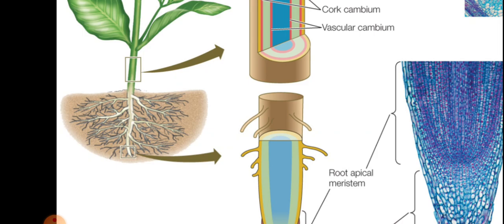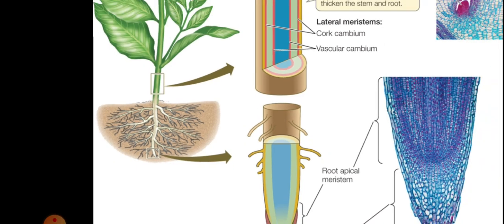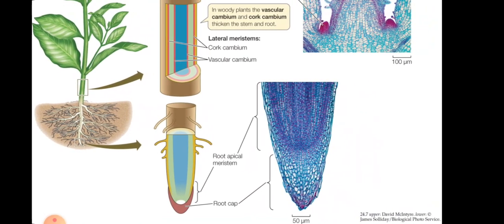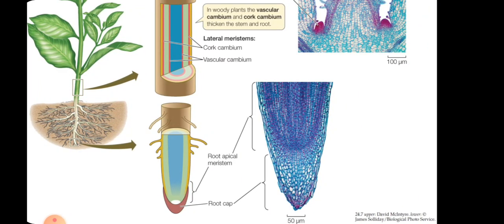So this is less complex than the shoot meristem. RAM is not responsible for the production of branches in the root system. The branches in the root system arise endogenously from the pericycle region surrounding the vascular region. The tip of the root is covered by the root cap.